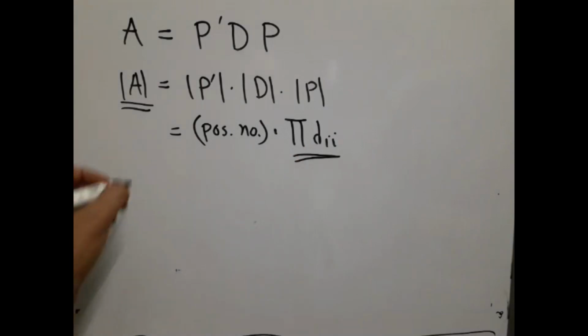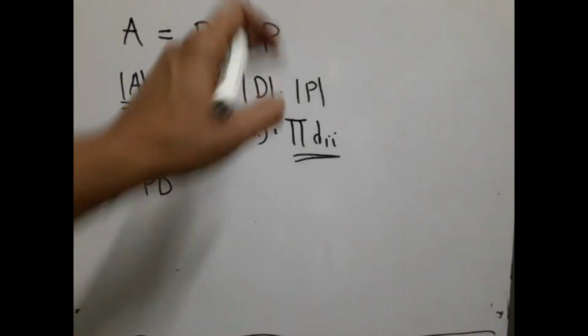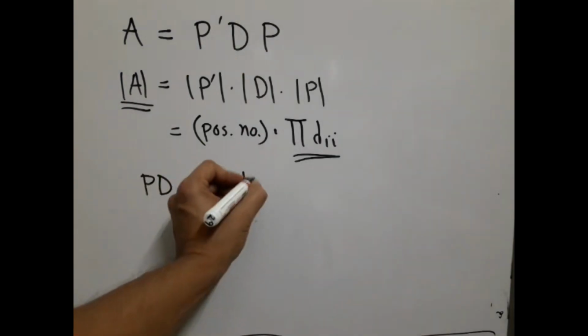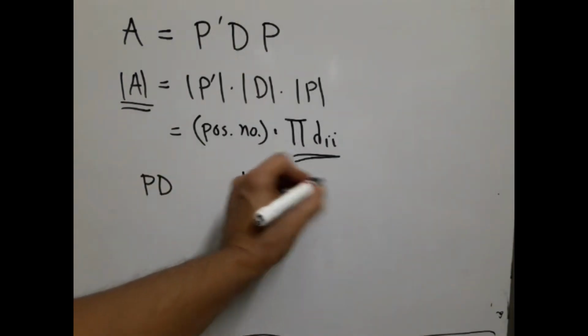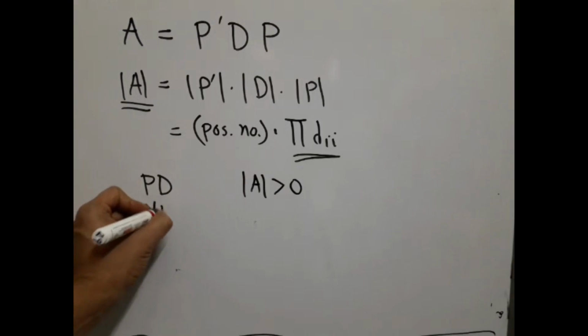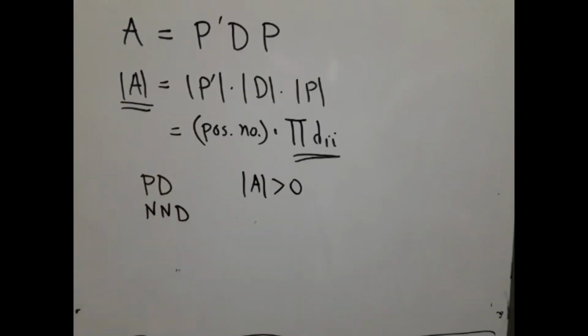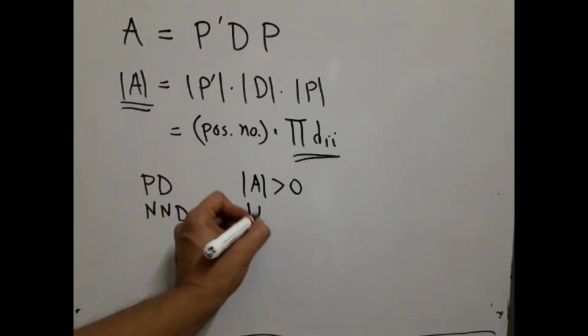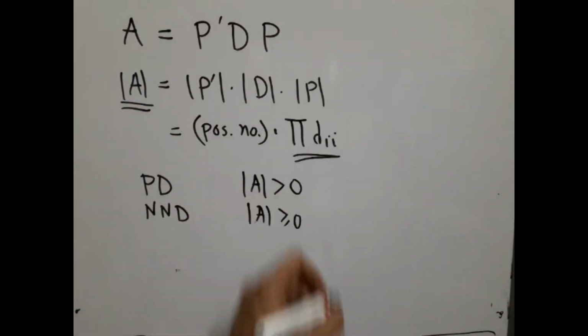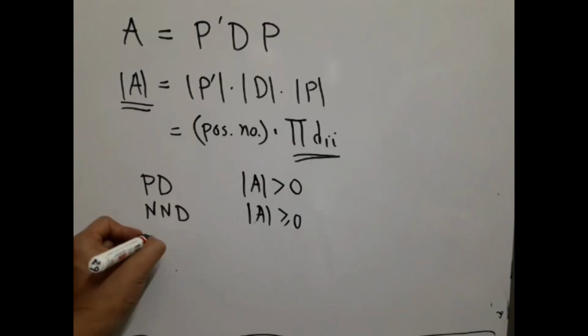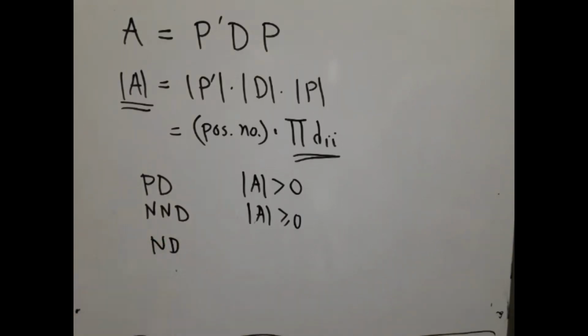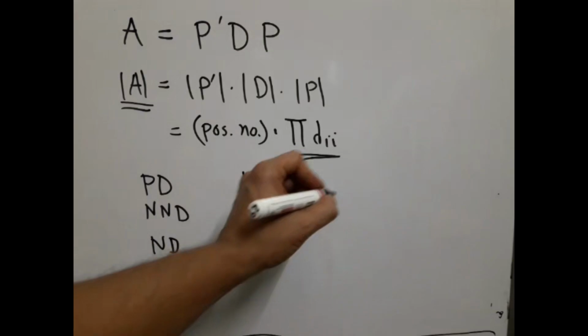This was for a general real symmetric matrix. If A is positive definite, then all the d_ii's are strictly positive, so determinant of A will also be strictly positive. If it is non-negative definite, in that case determinant of A is greater than or equal to 0, because some of them may be 0. Now if it is negative definite, you might be tempted to say determinant of A is strictly negative.